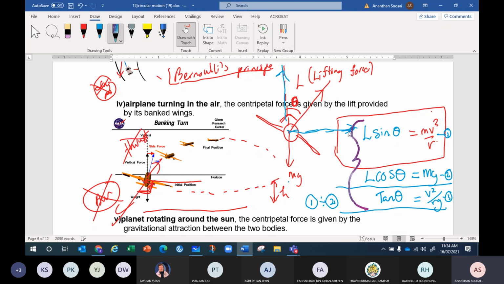Is it possible for the plane to make the same circular path with the same radius, the same r, by increasing the tilting angle?